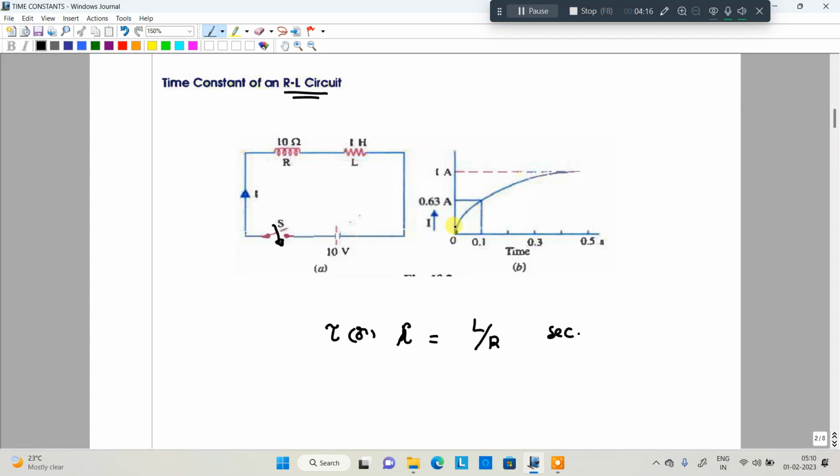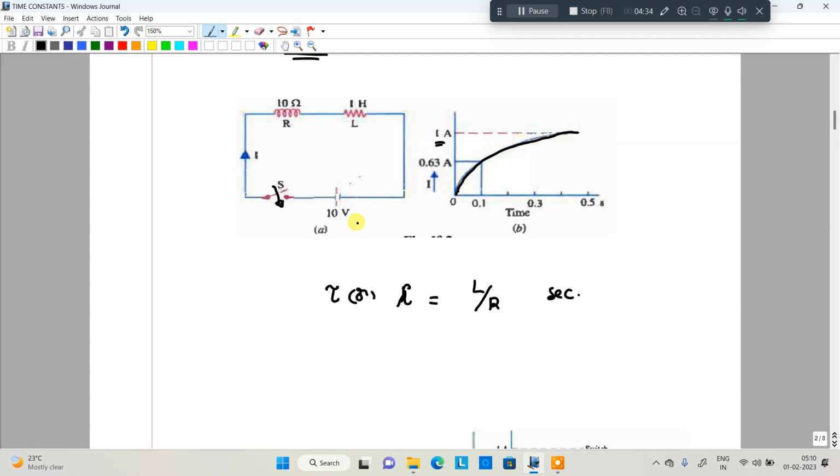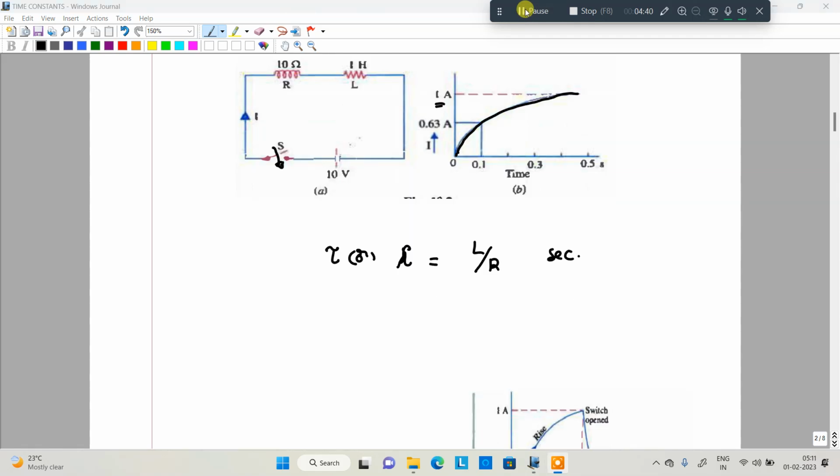After that the inductor is charging and the current gradually increases. When it reaches 5 time constants, the inductor reaches the maximum current, that is 1 ampere. So now I'm going to give the definition of time constant. I will give the definition, then we will get the complete idea about it.